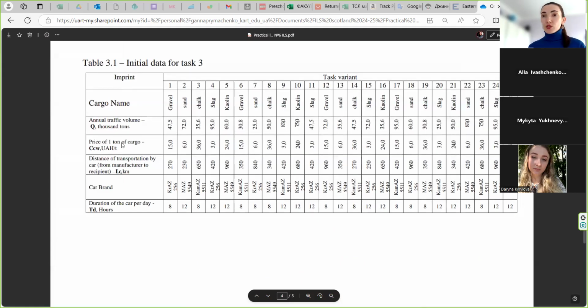It is the third line of our table, which is the price of 1 ton of cargo. For example, for the first variant it is 15, for the second variant it is 6, and so on. Please find this price for your variant.